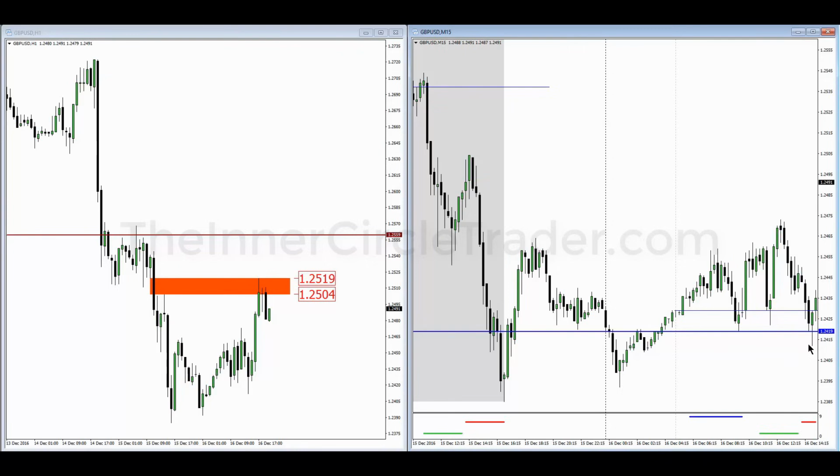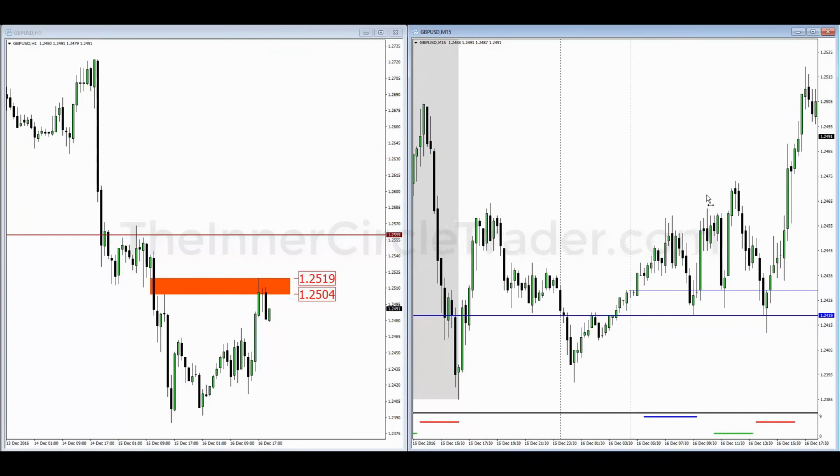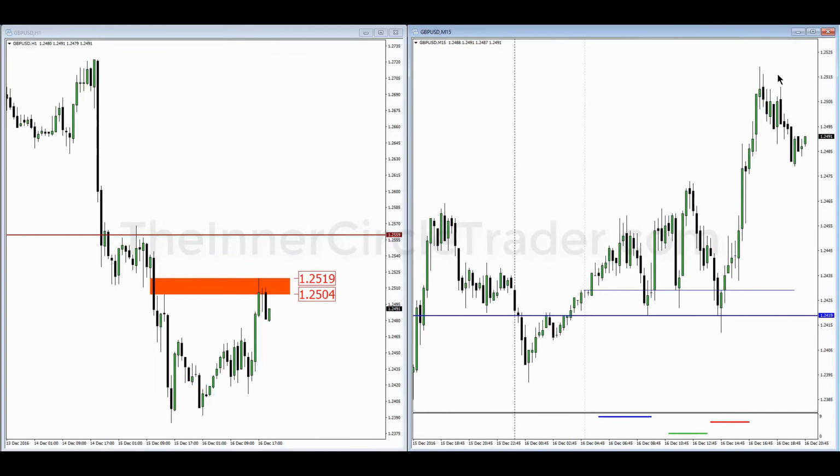So they accumulated those positions, and now they're going to look to offset above 124.75. And on the hourly, we talked about this, and you can look at the live session recording for December 16th, 2016 for that bit of business, because we're not going to talk about fair value gaps today. But price runs up and hits that level handsomely.